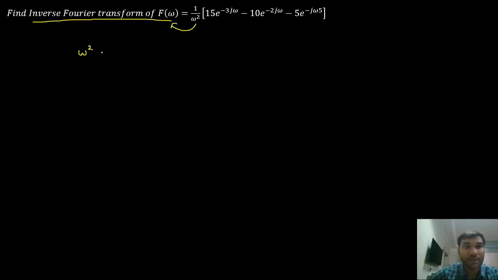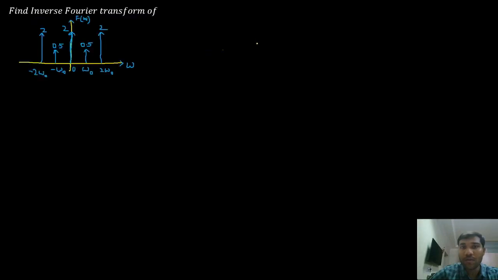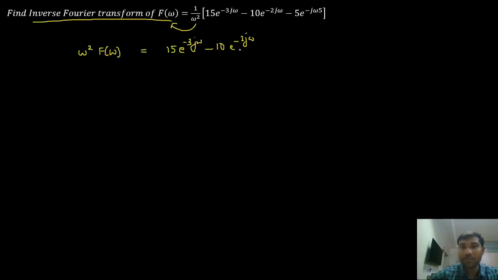It is omega square into F of omega, that is equal to 15 e power minus 3j omega minus 10 e power minus 2j omega minus 5 e power minus j omega 5, right?